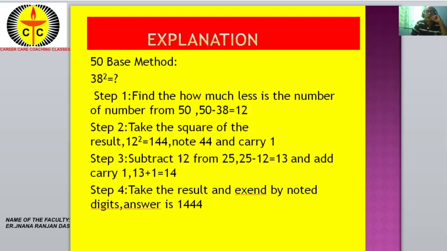Then you subtract 12 from 25, that is 25 minus 12, which becomes 13, and you add that 13 with the carry 1, that is 14, and our result is 1444. So 1444 is the square of the number 38.